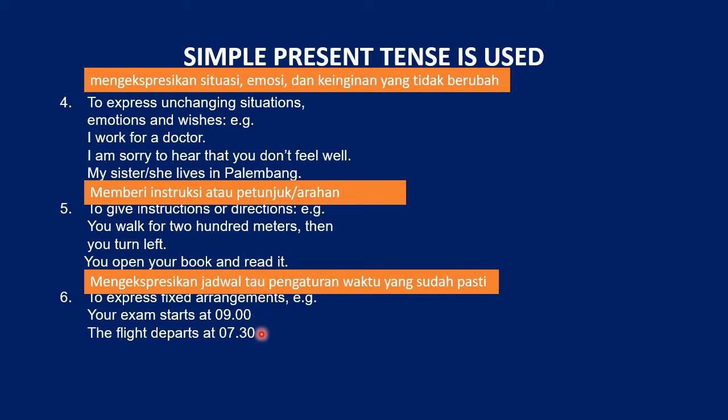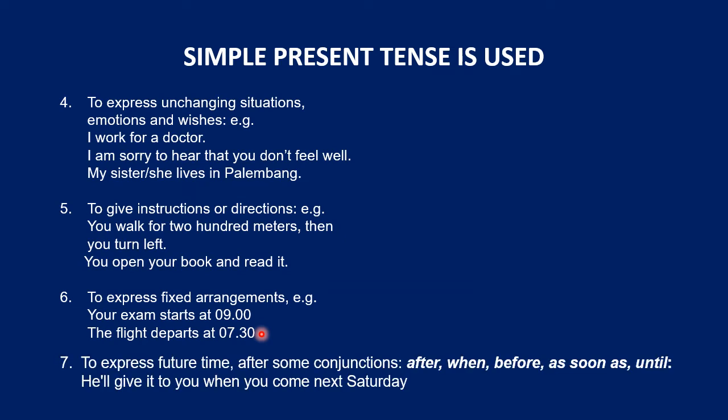The last one, you can use simple present tense to express future time, but you use it after some conjunction. Some conjunctions like after, when, before, as soon as, or until. Examples: he'll give it to you when you come back next Saturday. Or another example: I'll pay you after you complete your work.